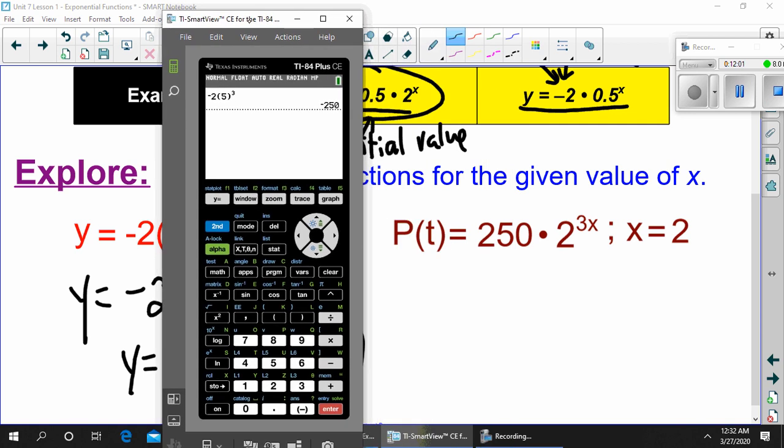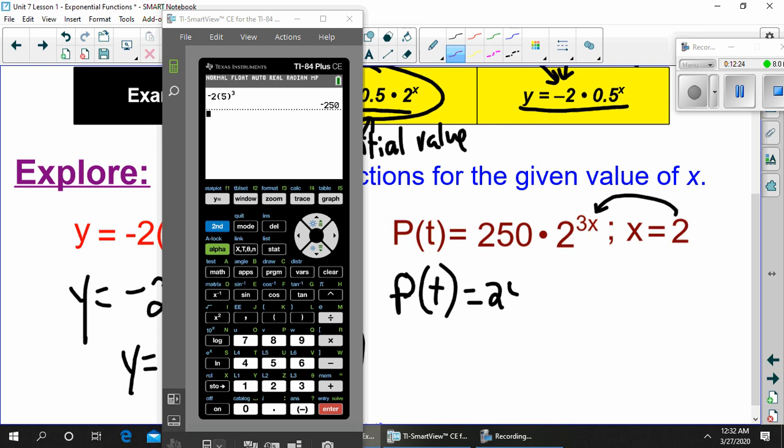So we're going to do that for this one. And we're going to substitute this 2 in right there. So I'm going to rewrite it. P to the T equals 250 times 2 to the third to the second, to the third times 2.